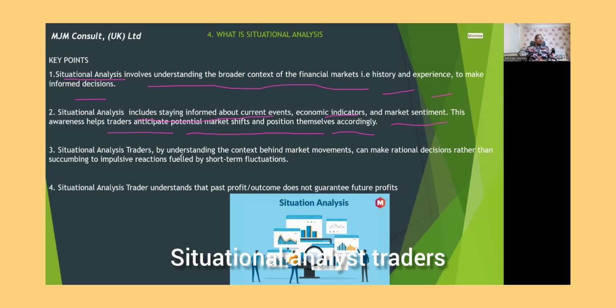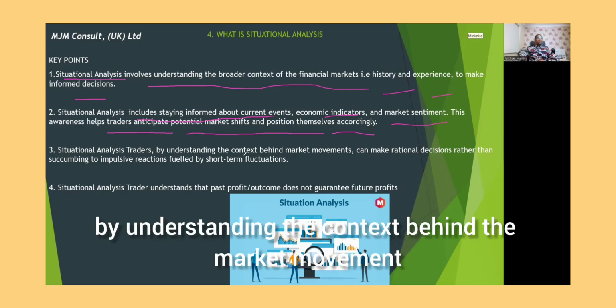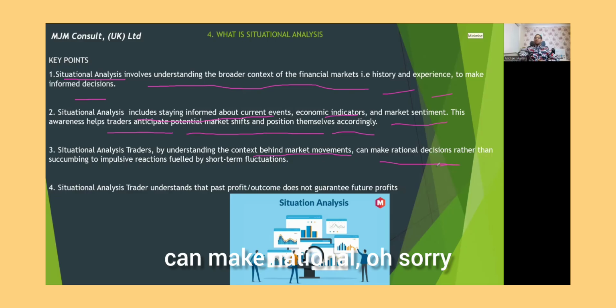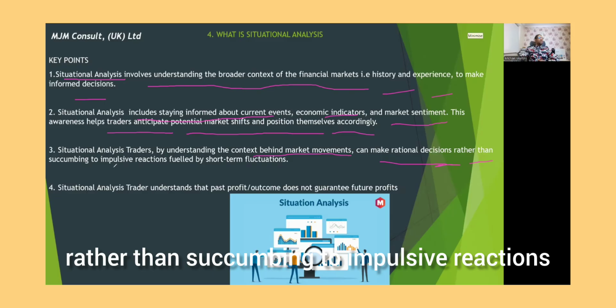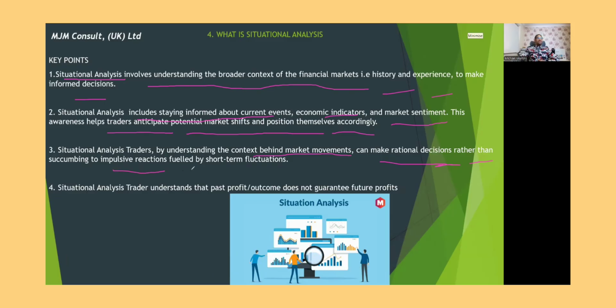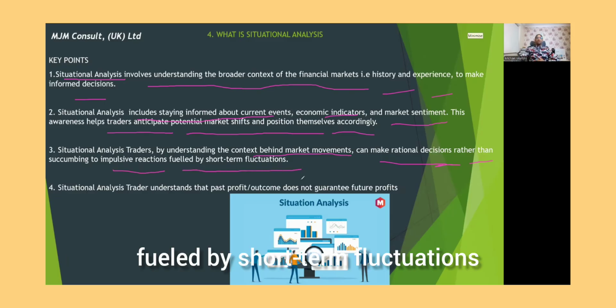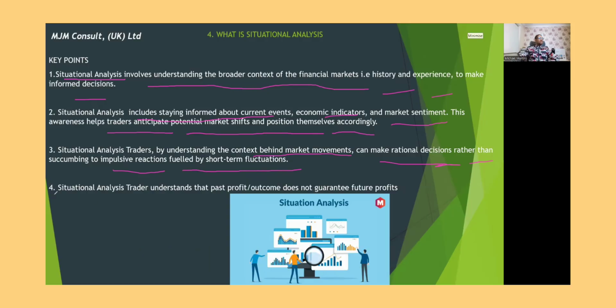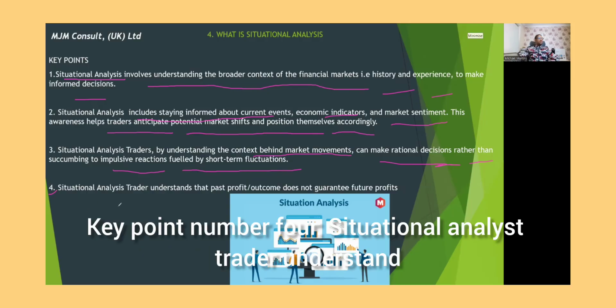Situational analyst traders, by understanding the context behind the market movement, can make rational decisions rather than succumbing to impulsive reactions fueled by short-term fluctuations. Okay. Key point number 4.